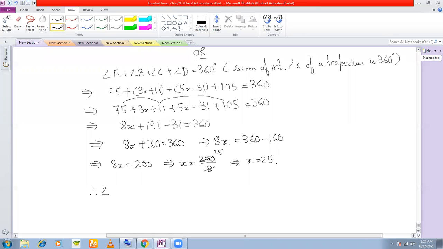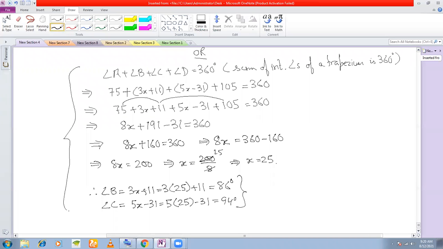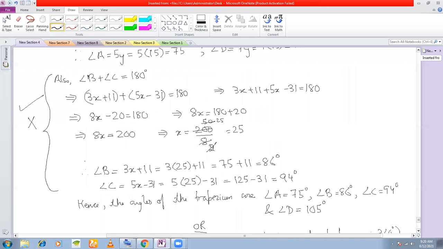Therefore, angle B here is 3x plus 11, 3 into 25 plus 11, which is equal to 86 degree. And angle C here is 5x minus 31, which is 94. So the value of these two angles, you can calculate it this way also, but the better way is this way. Fine.